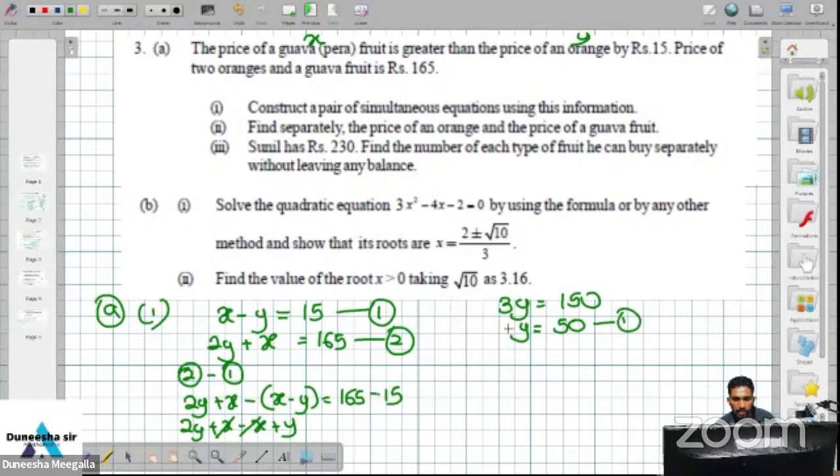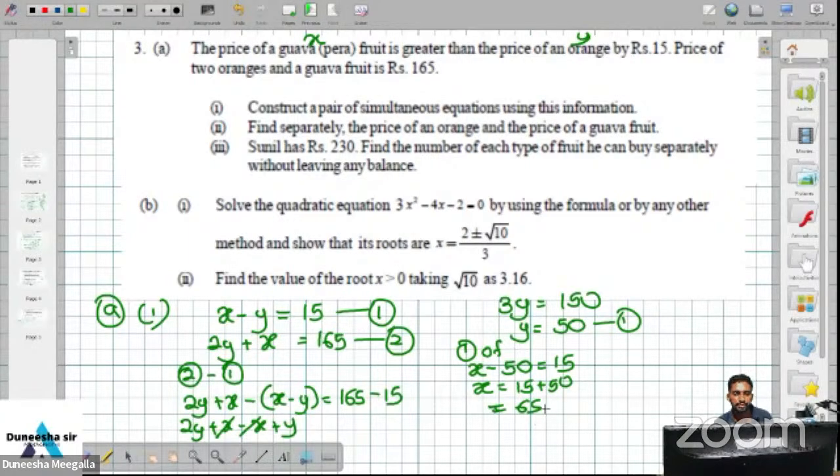From the first equation, x minus 50 equal 15, x equal to 15 plus 50, x equal to 65.